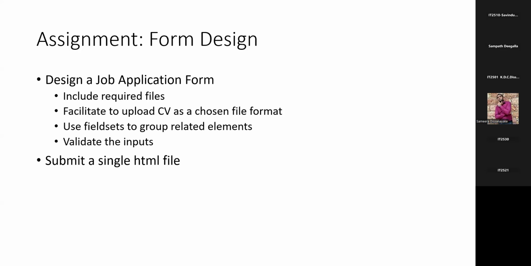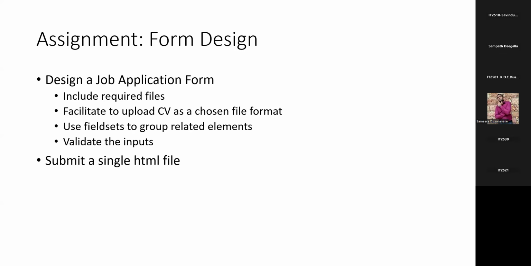Okay, so a small assignment for you to test what we have discussed so far. I want you to develop a small single page HTML web page for a job application. Include whatever information is required, like name, address, and so on.